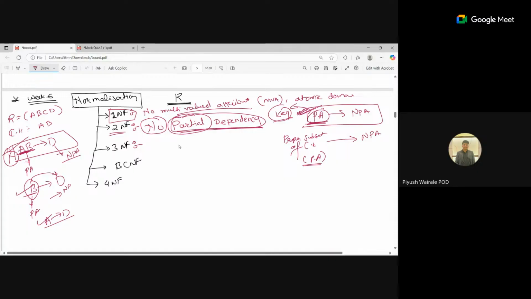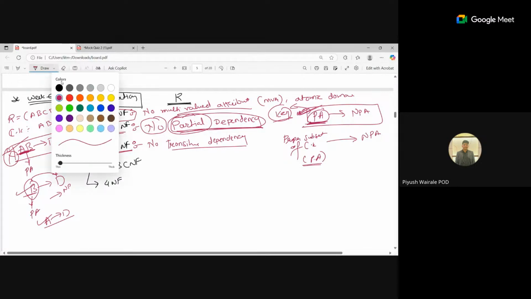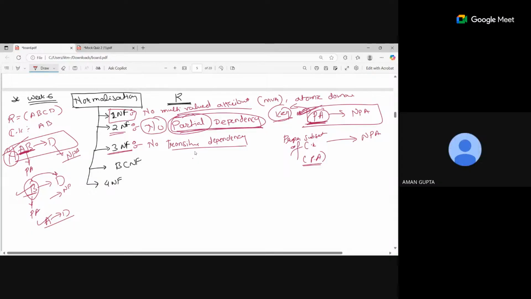Okay. What about 3NF? No transitivity. So what do you mean by transitive dependency here? Yes. A non-prime attribute determines a non-prime attribute.